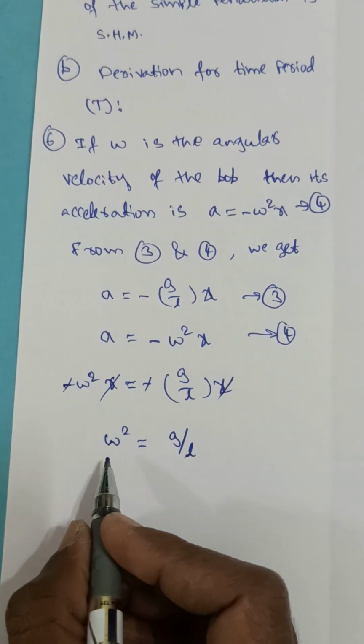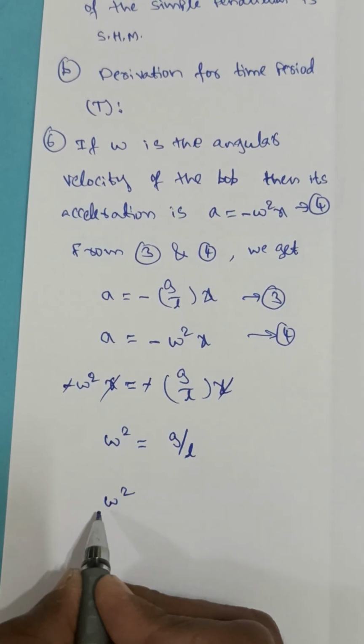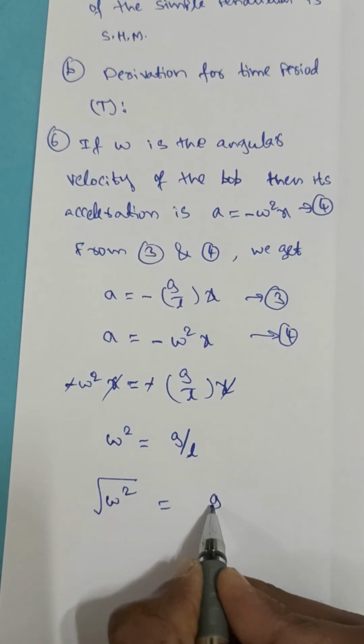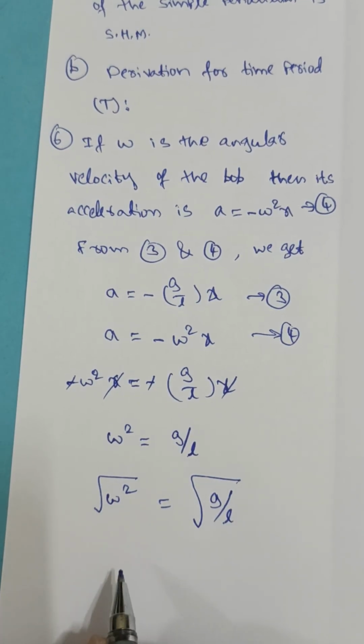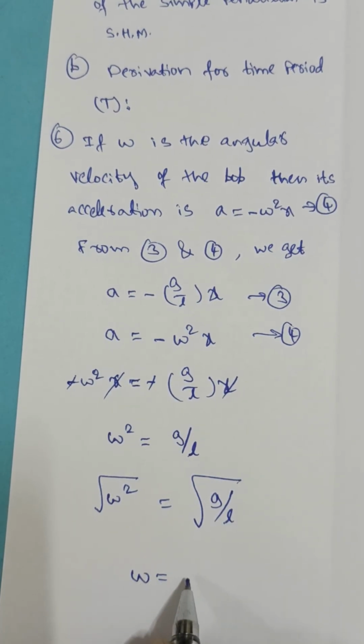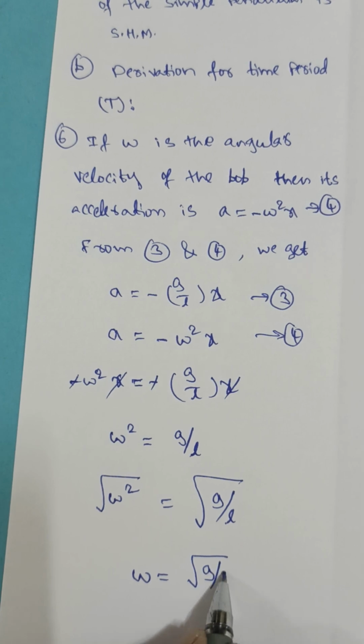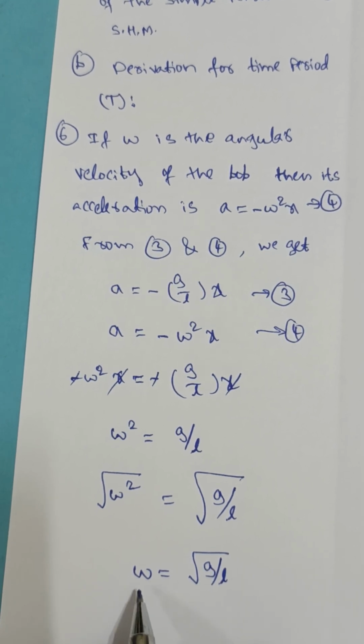Apply square root on both sides. Omega square under root is equal to g by L under root. So square and root get cancelled. Omega is equal to under root of g by L, the angular velocity formula.